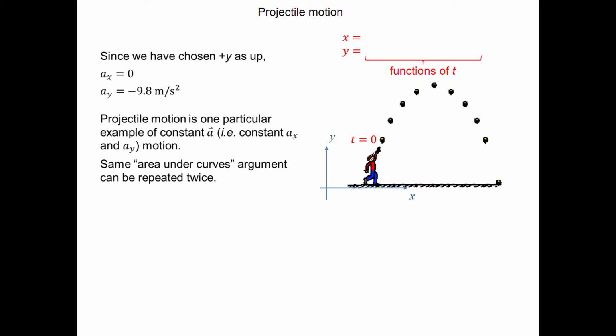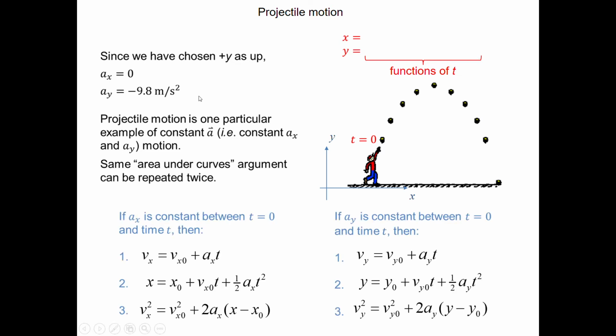Now, the same calculus argument, or I think in Giancoli he actually gives geometric arguments for simple kinds of cases where the acceleration is constant, we can repeat the argument that gave the 3 kinematics equations before, starting with the assumptions that both ax is constant and ay is constant. And we get 2 sort of exact copies of the kinematics equations.